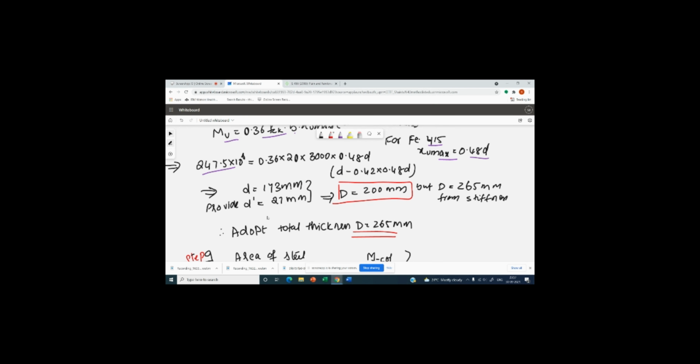173 mm. So providing an effective cover of 27 mm so that we get the overall thickness as a whole number, we got the overall thickness from bending moment consideration as 200 mm.